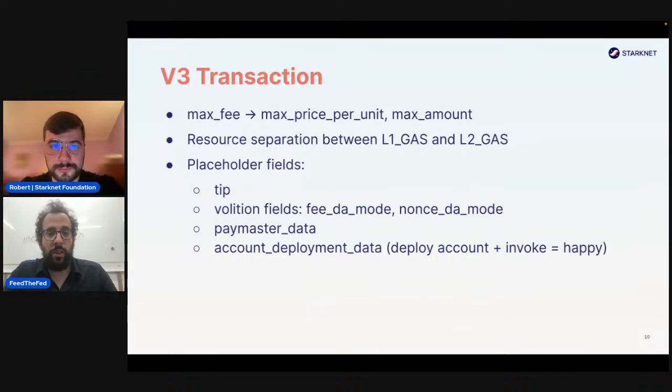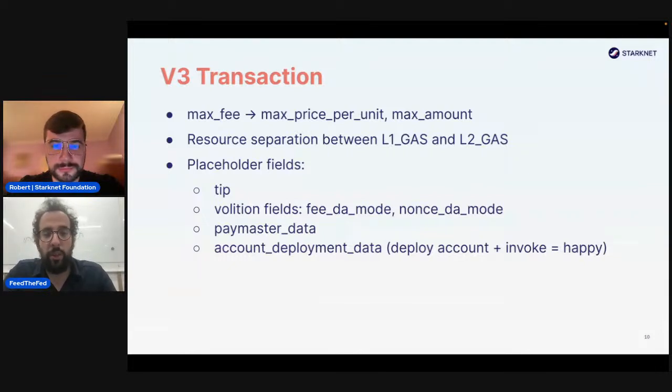But volition can further reduce them for those who want a data availability mechanism which is completely independent from L1. And these volition fields, fee data availability mode and nonce data availability mode, allow you to say, hey, my nonce and my balance, please take them from the off-chain state rather than the on-chain state.